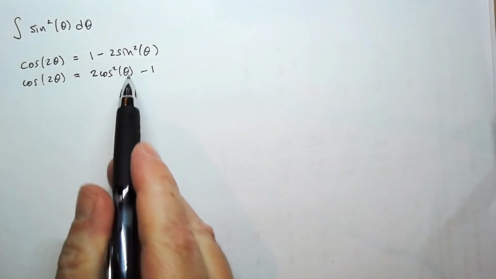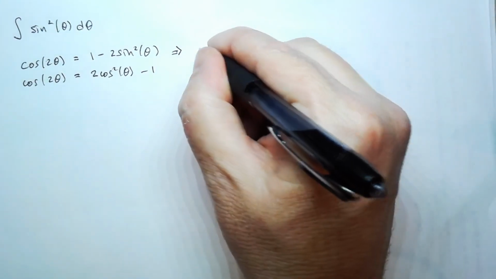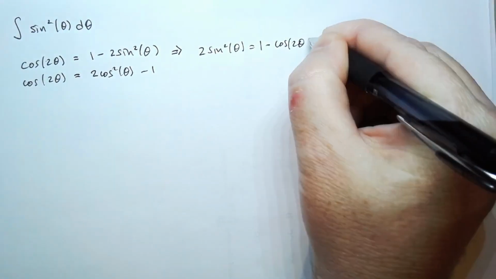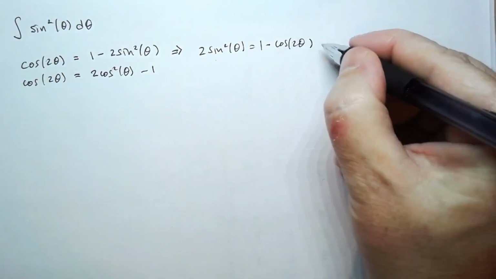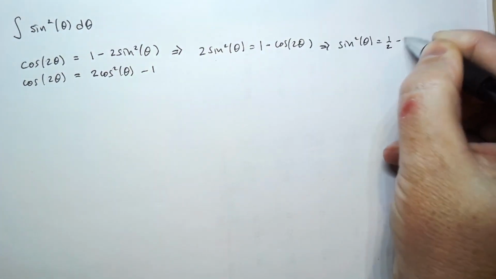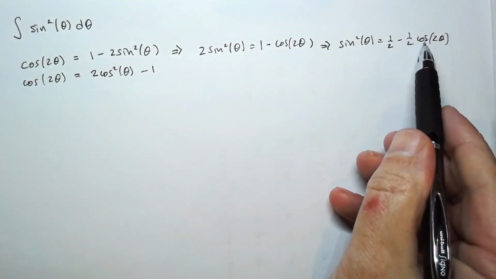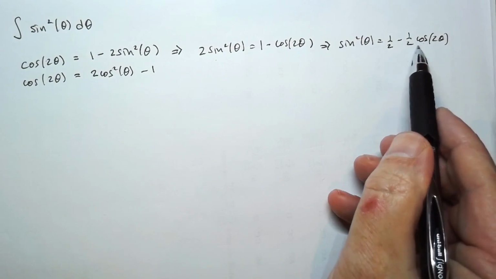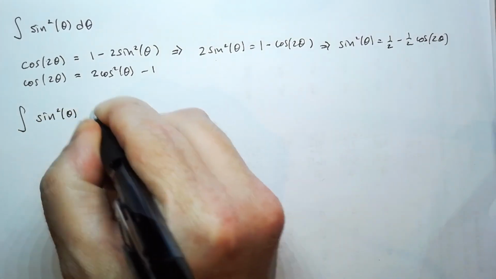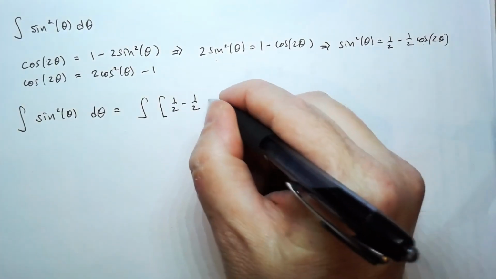These are equivalent because of the Pythagorean identity, but we want to use this first one because if I solve this for sine squared theta, I now get something that doesn't have a trig function squared. It's just a regular cosine. So I could use this identity to replace sine squared theta in this integral.